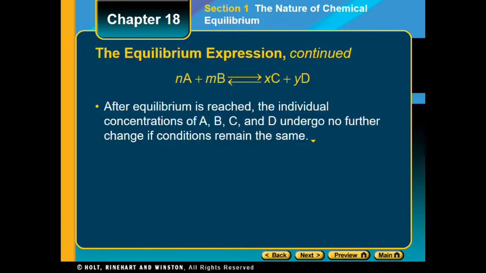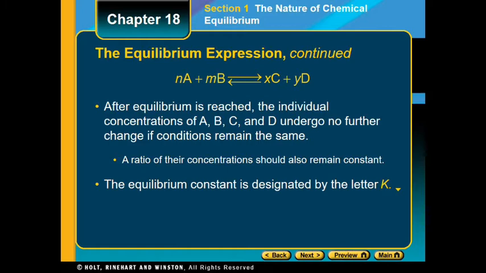Looking back at that same expression, after we have reached equilibrium, the concentrations of A, B, C, and D can go no further because you keep conditions the same, so the ratio of their concentrations also remains constant. We have a new constant that we're calling the equilibrium constant, and we're going to use a capital K for it.